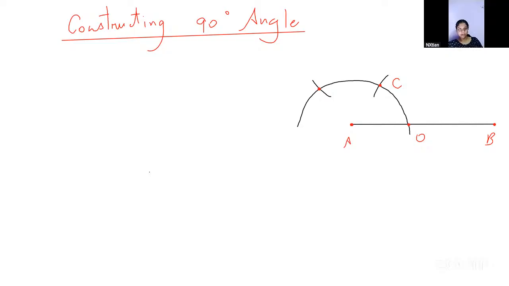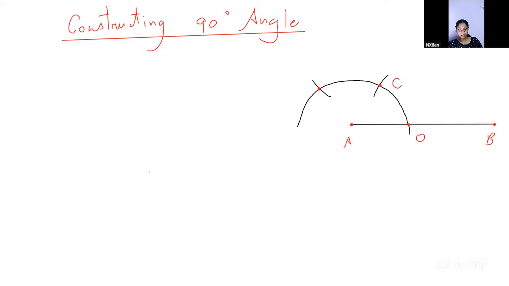Yeah, I can see. 1, 2. Now, ma'am, see these two points.